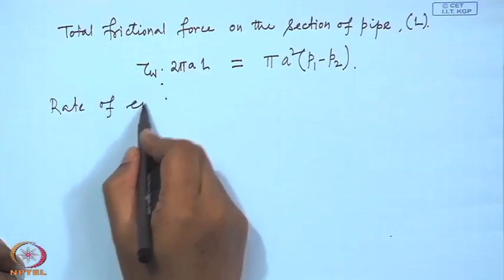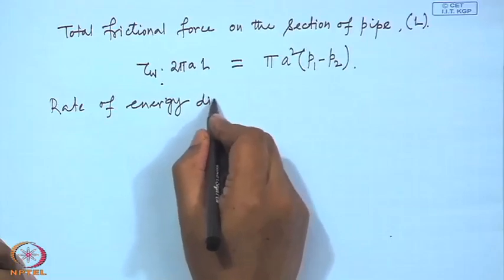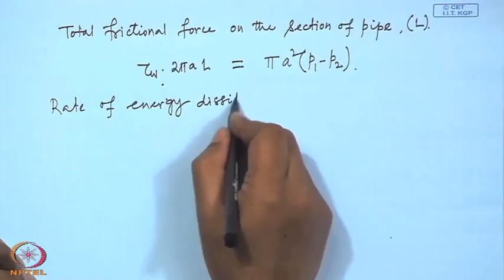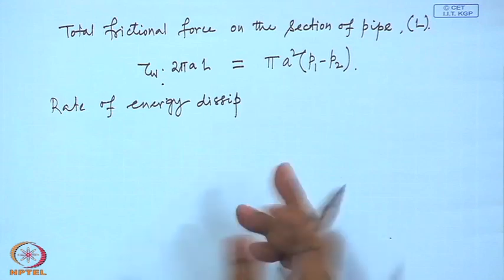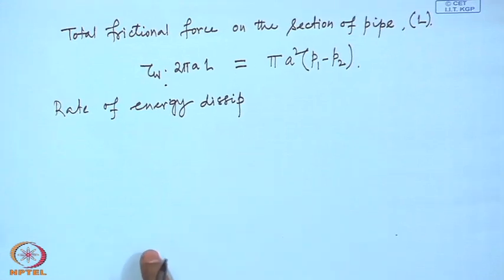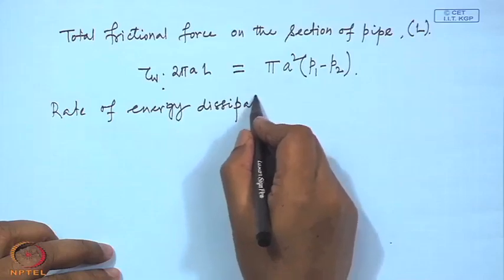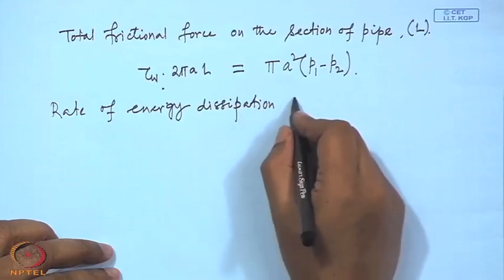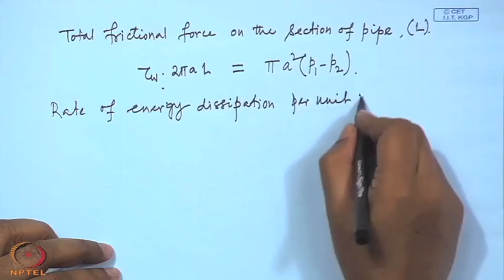The rate of energy dissipation is another important parameter, and it is also required if you want to solve a temperature field. Once the velocity is known, you can solve for the temperature, and then of course, this term will be required: rate of energy dissipation, say per unit mass or per unit volume, let us say per unit mass.